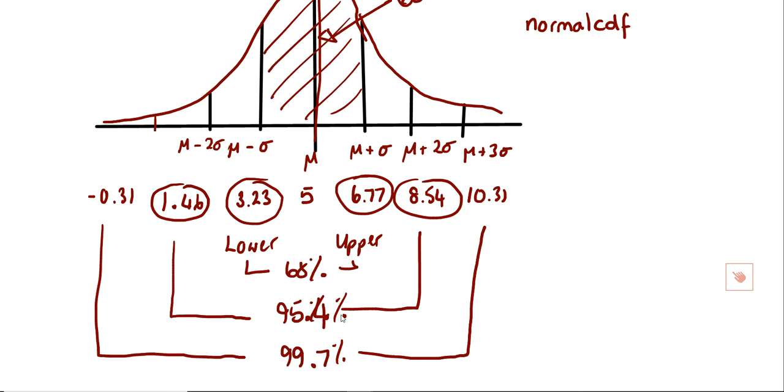It's about how much of your data must fall within certain boundaries. For it to be normally distributed, you would expect 68% of your data to fall within 1 standard deviation.